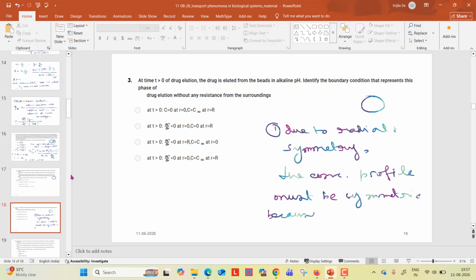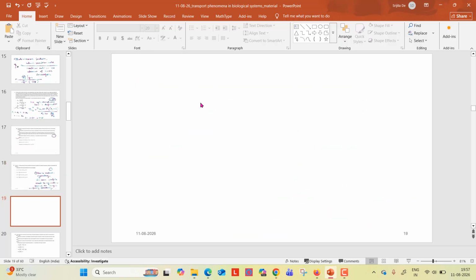The drug is uniformly spreading in all directions, right?